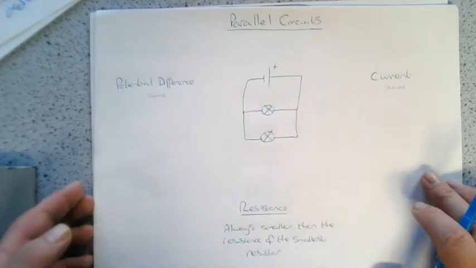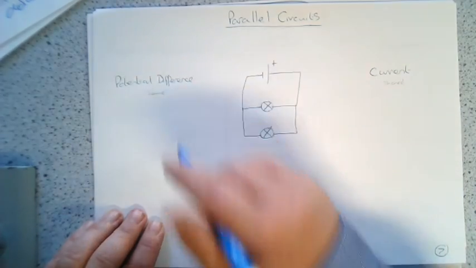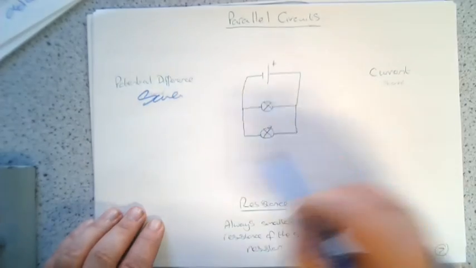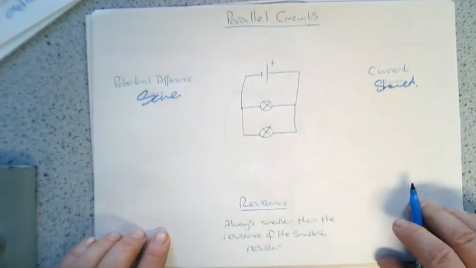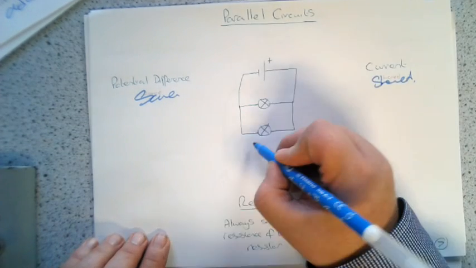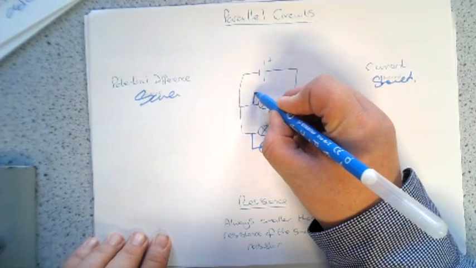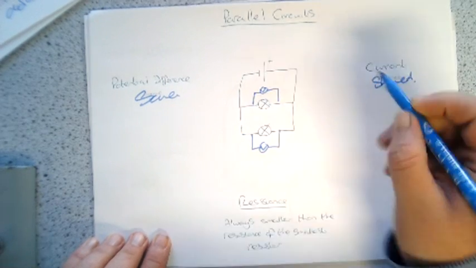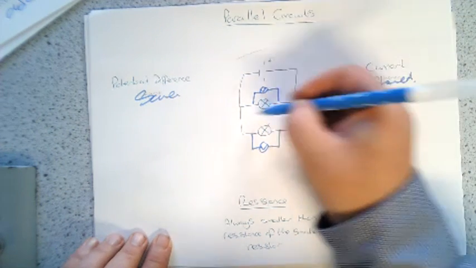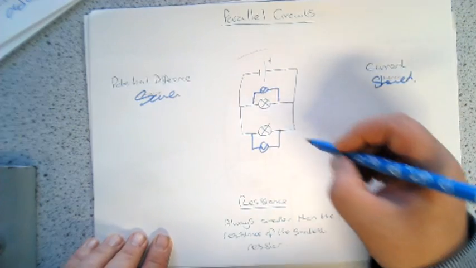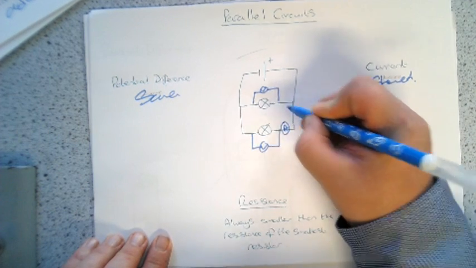Whereas when we look at a parallel circuit, the potential difference across all components is always the same, whereas the current is shared. Okay, so again, if I wanted to know what the potential difference is in the bulbs, I put my voltmeters like this. Okay, and very importantly for the current, because I've got two loops here, put your ammeter on the branch next to the component.